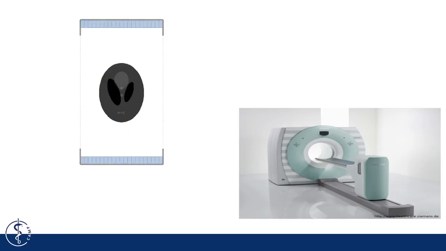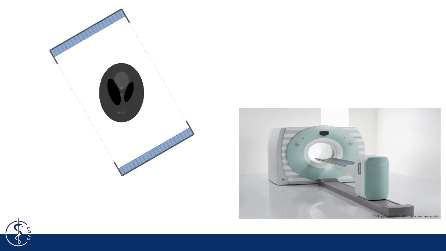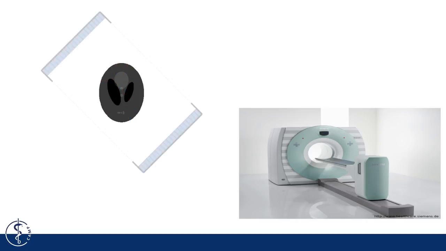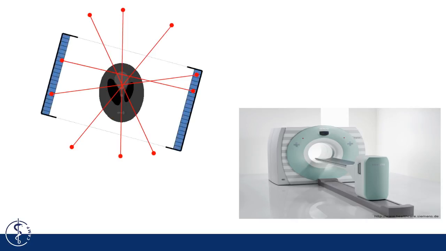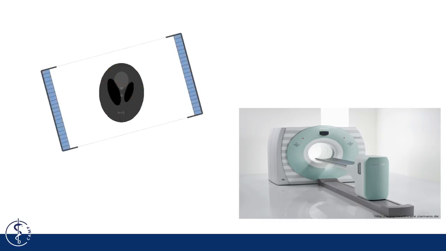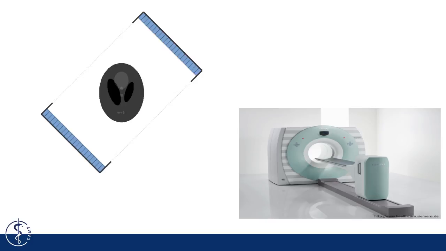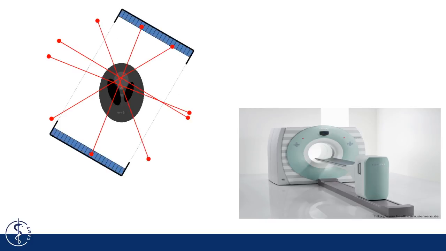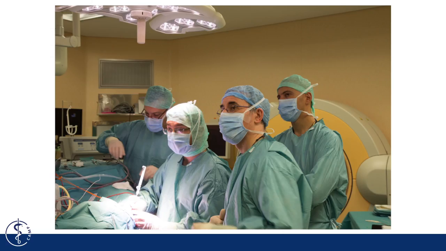And this principle can be used for the detection. If two photons are detected at the same time, it is very likely that they were created in the same positron-electron annihilation. Therefore, the annihilation can be assumed to have happened somewhere along the line between these two detectors. The big advantage of this approach is that collimators are not needed, which increases the sensitivity of the system greatly. However, for the detection of annihilation events, two opposing detector plates are required.